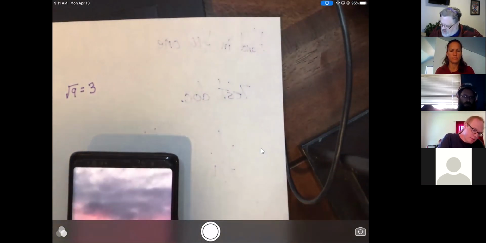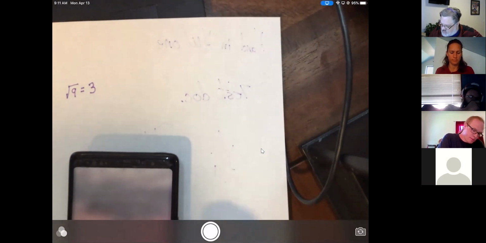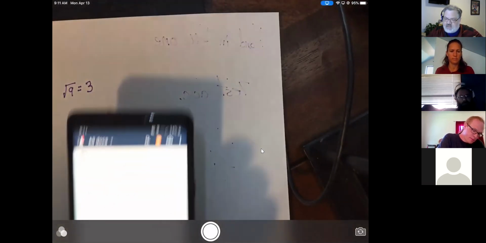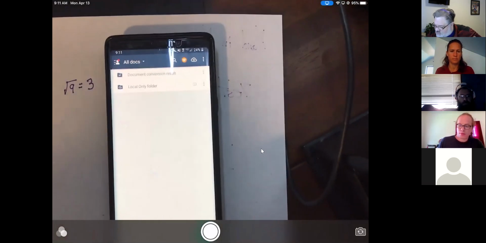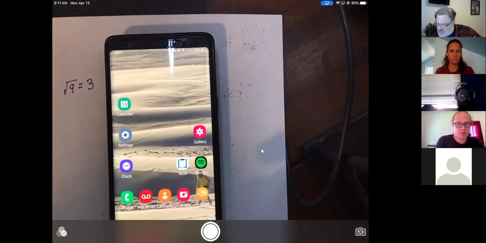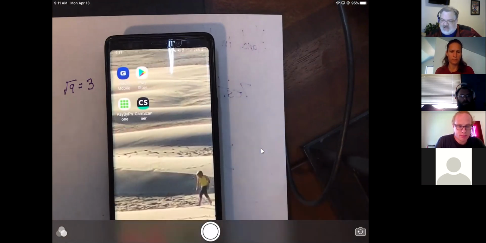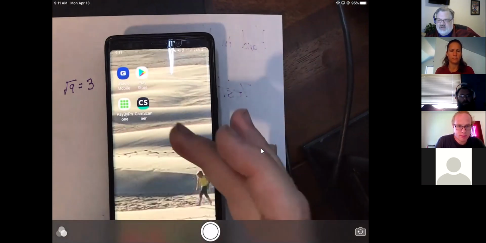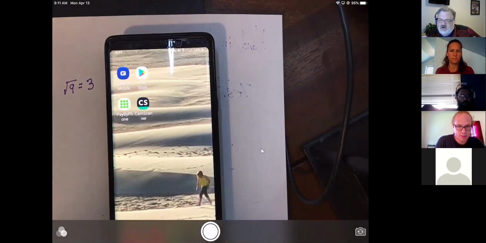And I'm going to get into my phone. Now, there's lots of apps that you can use to scan documents. I grabbed CamScanner because it was available and nice. There's a trial version and there's a free version.